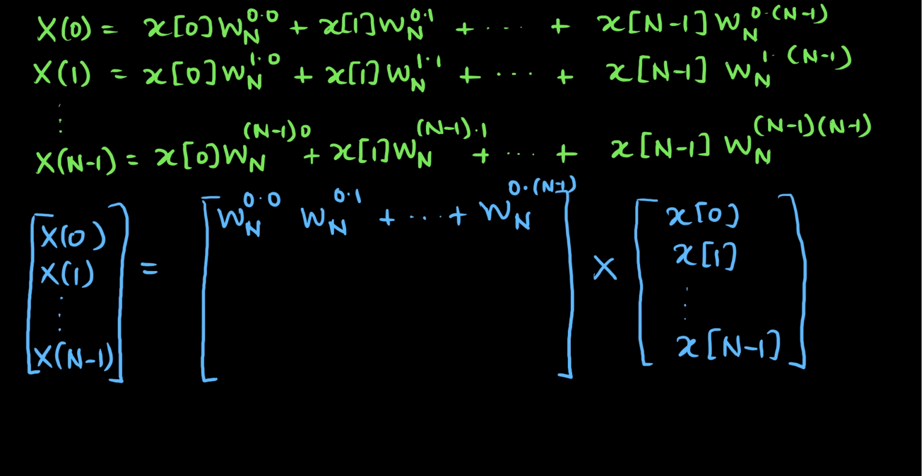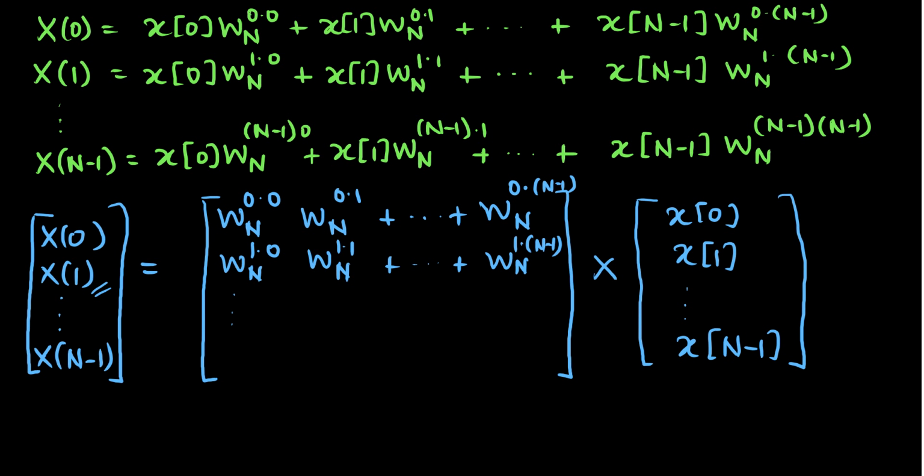Similarly, if we need to find the value of X of 1, then we would have Wn to the power 1 into 0 multiplied by this x of 0. Then we would have Wn to the power 1 into 1 and so on till Wn to the power 1 into n minus 1.